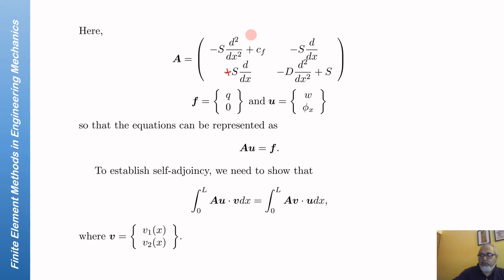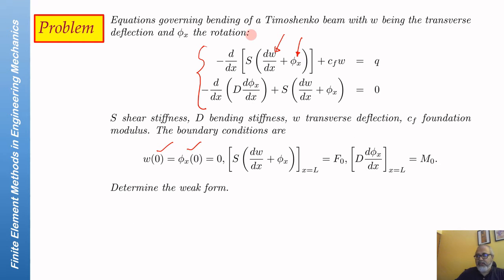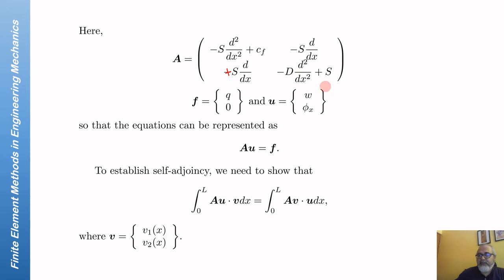F is Q0, so the right hand side is Q0, and U is the vector of the functions that we want to find out. Both of these are functions of x. So this is the form of my governing differential equations. This hides two equations.